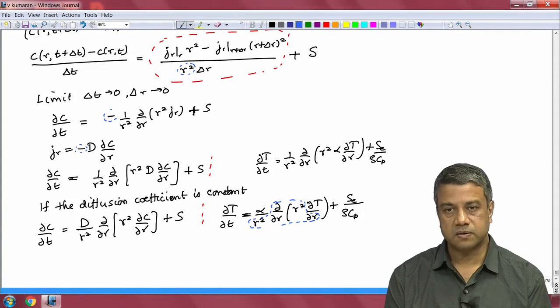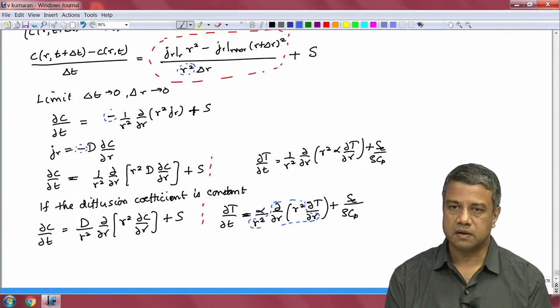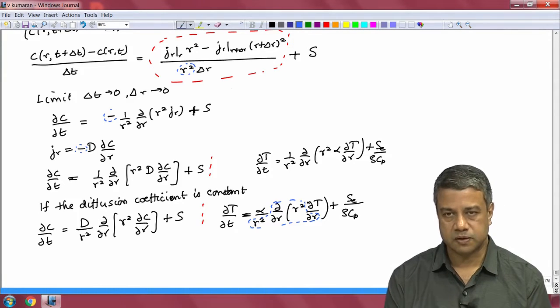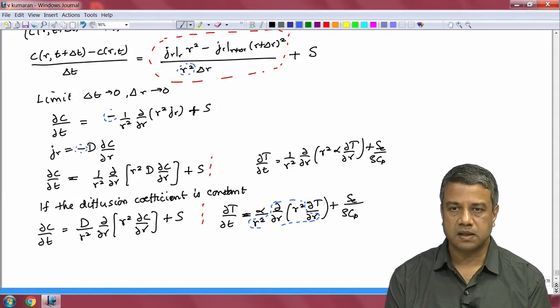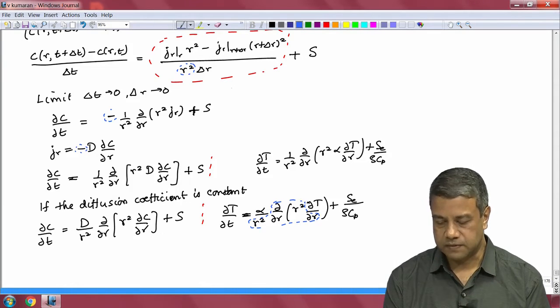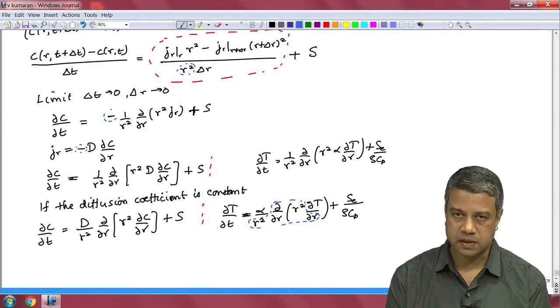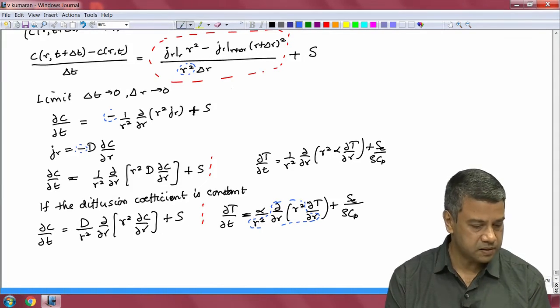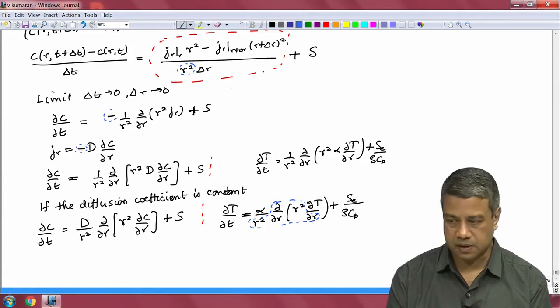Surface area is proportional to r square. If you recall, in a cylindrical coordinate system, it was proportional to r. That is why I had 1 over r d by dr of r times dT by dr. In a spherical coordinate system, it is proportional to r square. Therefore, I have 1 over r square d by dr of r square dT by dr.